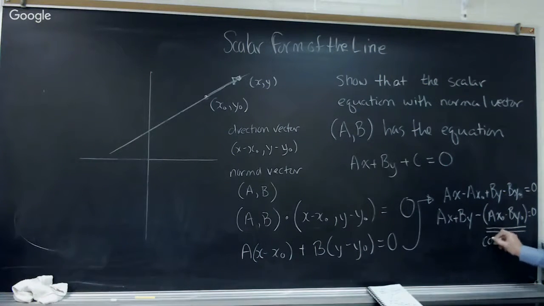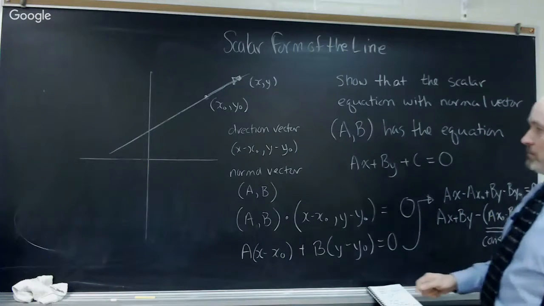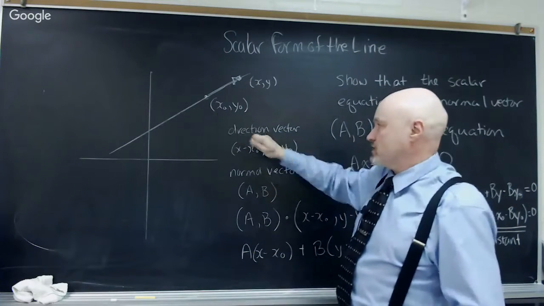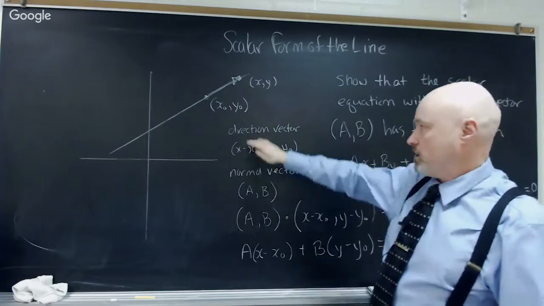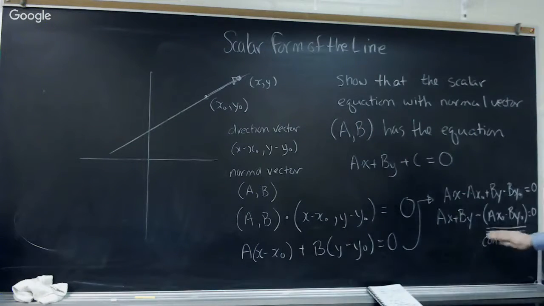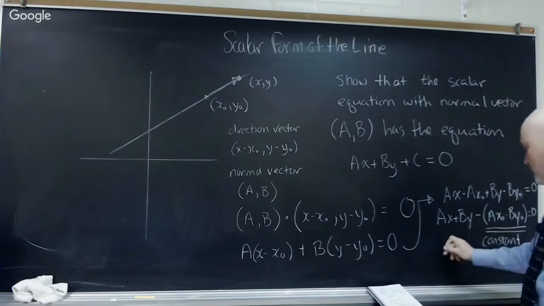This is just a constant. This comes out to some number because I've chosen a position on the line. I think for this example, I would have liked to have tried it where I choose a specific point like 3, 4. And then you would see that this is really just a number based on whatever A and B are.